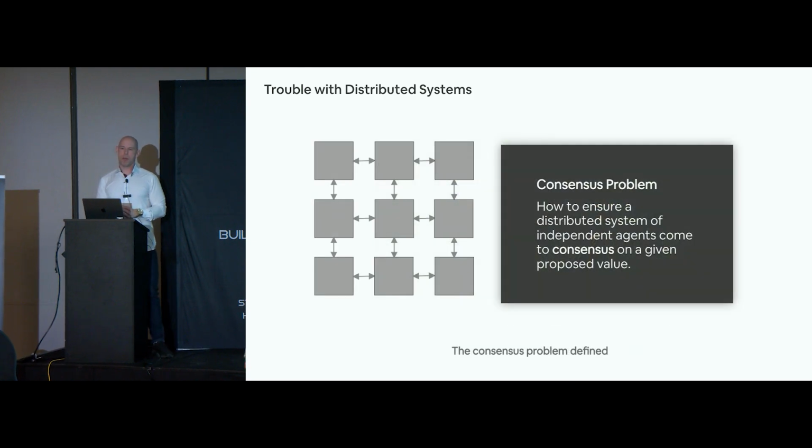The consensus problem can be stated as follows. If we have a distributed system of independent agents, how do we get them all to come to consensus on a given proposed value? How do we get them to agree? Someone will propose some sort of change to the state of a distributed system.